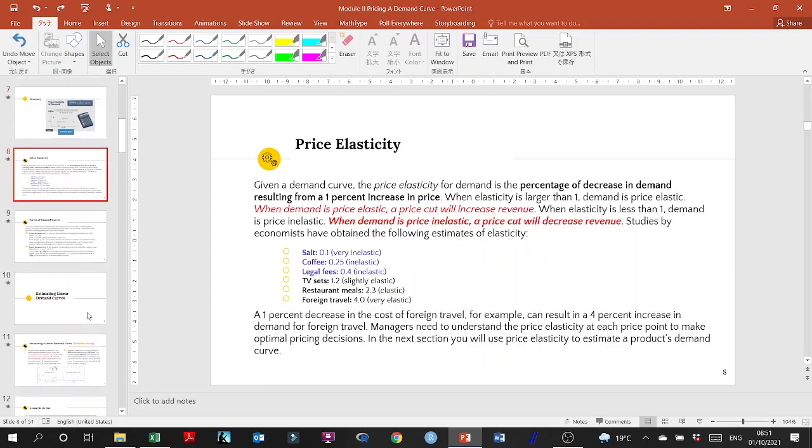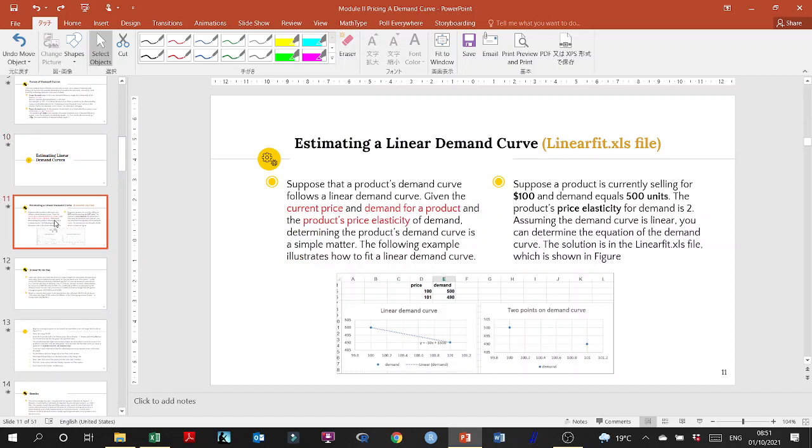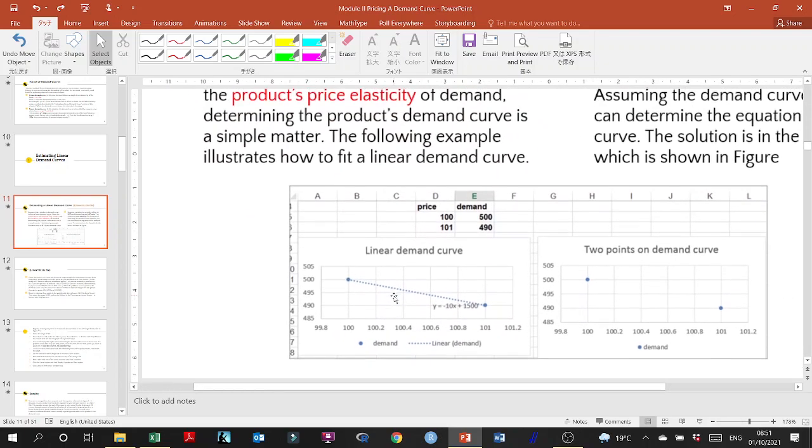I gave you examples of price elasticity for different products, with different elasticity levels. And over here, as you may know, this is a representation of the law of demand.